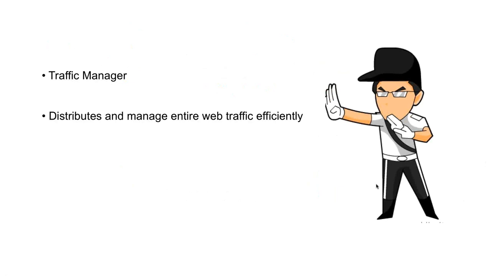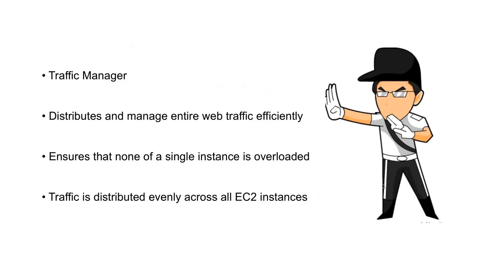It distributes and manages the entire web traffic efficiently. It ensures that no single instance is overloaded, and the traffic is distributed evenly across all EC2 instances. So the load balancer always ensures a smooth flow of traffic across your architecture, and all the instances receive an equal share of the web traffic.